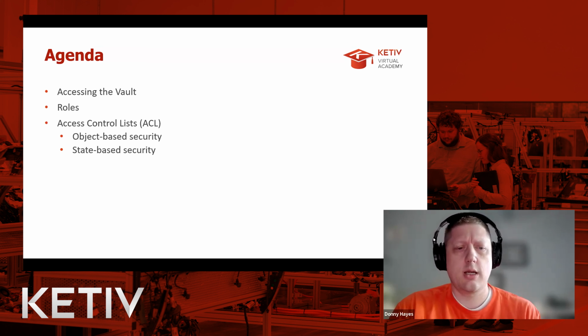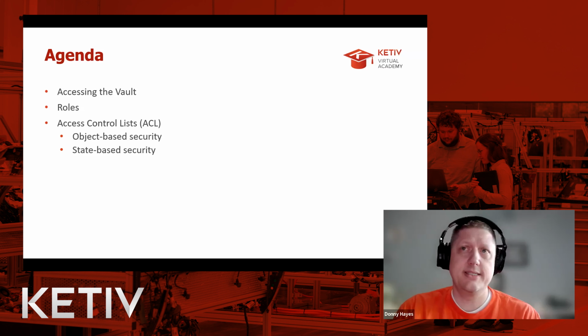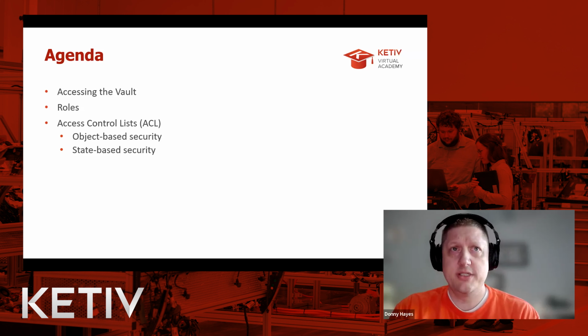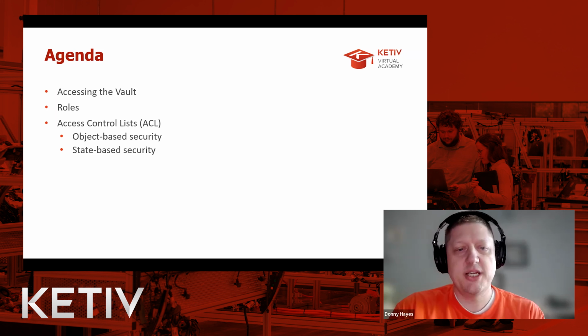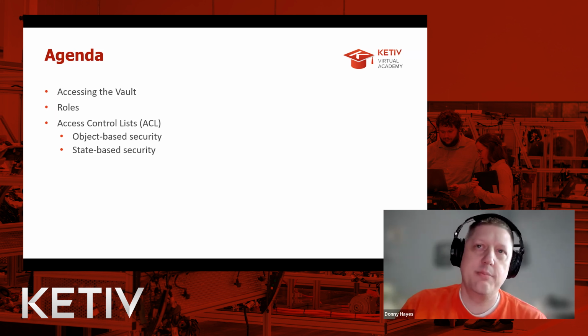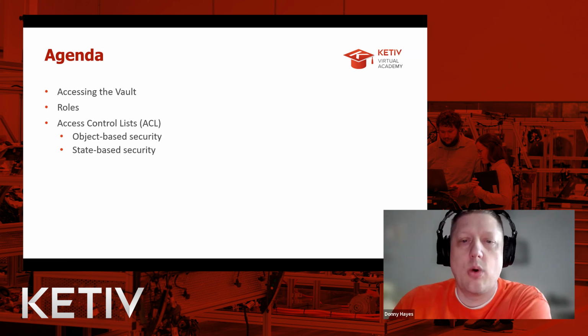Then we're going to talk about access control lists, or ACLs. Vault uses these ACLs to manage access to the various content stored inside of your Vault. And there are 2 types of security that Vault uses: object-based security and state-based security, and we'll go over those as well.